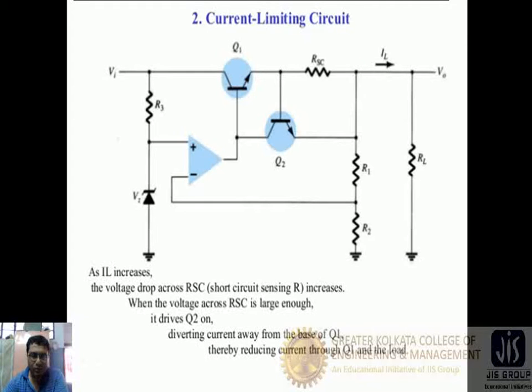Driving current away from the base of Q1, thereby reducing the current through Q1 and the load resistance. So in this way it produces the controlled regulated voltage output at its load resistance, and it is the example of a current limiting circuit.